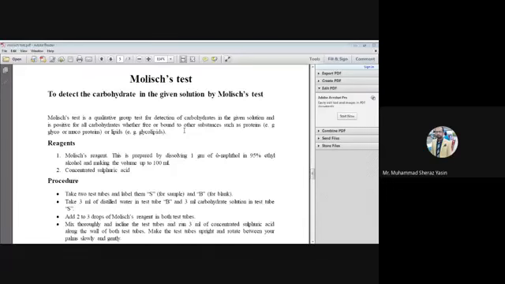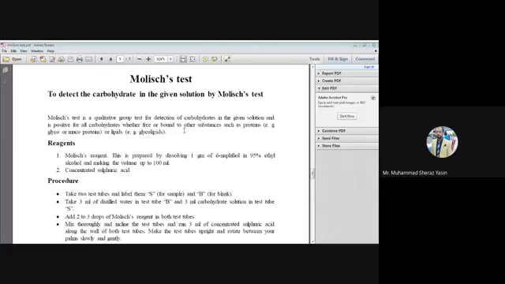First of all, what are the reagents we need for detection of carbohydrates? You should have two reagents. One is Molish reagent, and the second chemical which is required for this test is concentrated sulfuric acid.